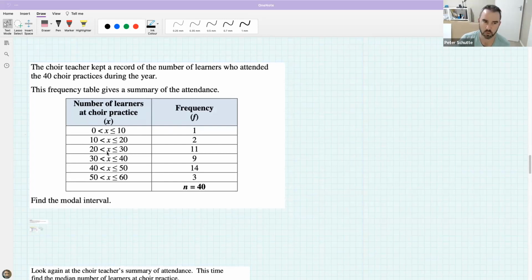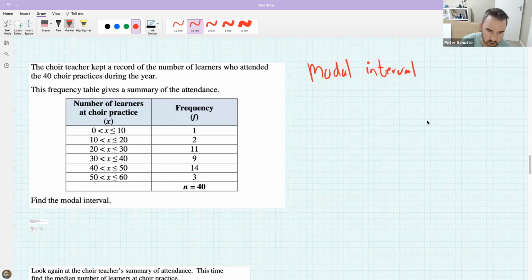Can you tell me what the modal interval is for this set of grouped data? And notice how I no longer have a list. I have an interval, and then I have the number of times the number falls in the interval.